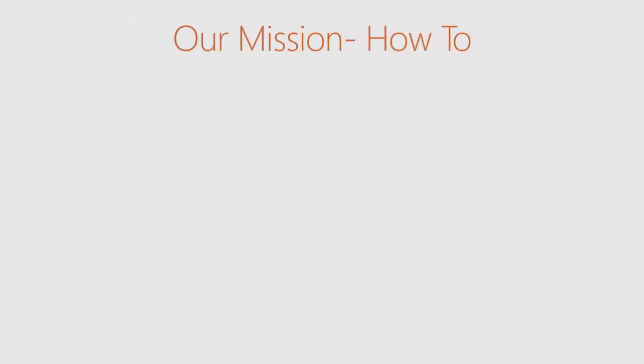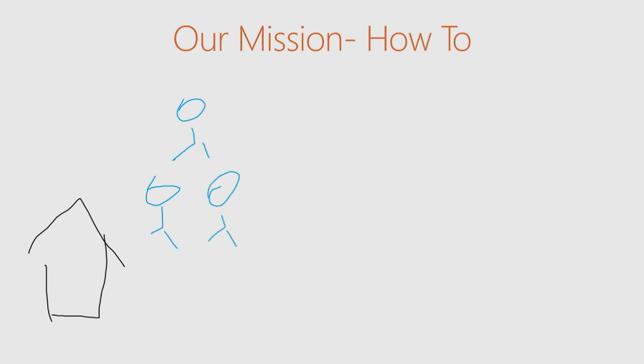So our mission, what we plan to do in the next 60 minutes, I want to draw here, maybe something like this. We have our company and some users. So we name it House of Developers. We have a president here. His name is Gary. And we have two subs.